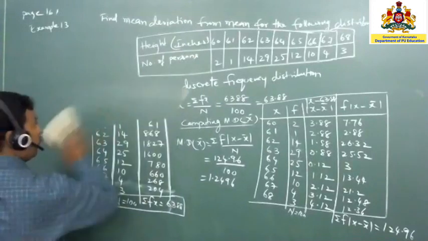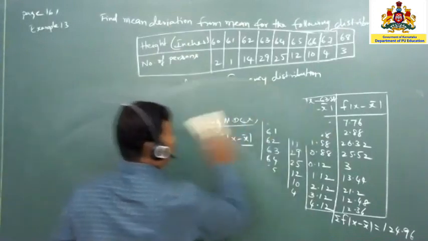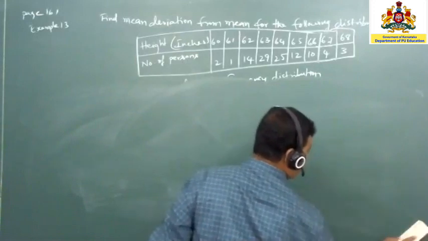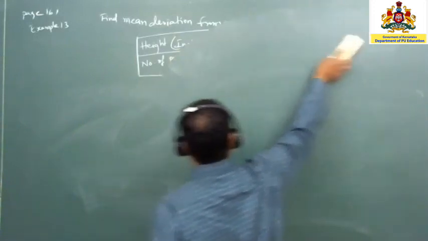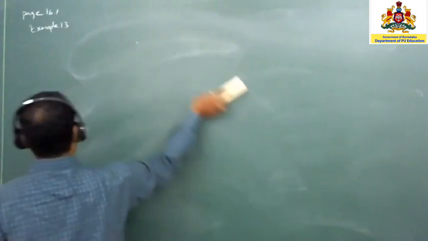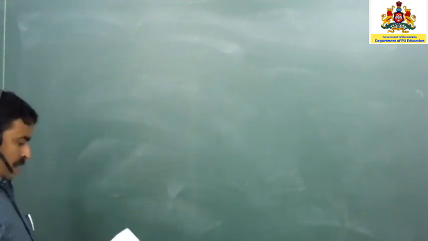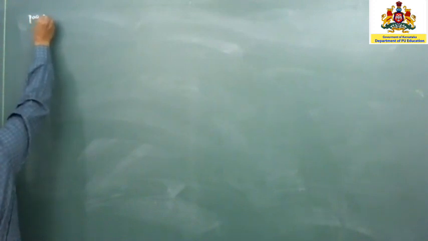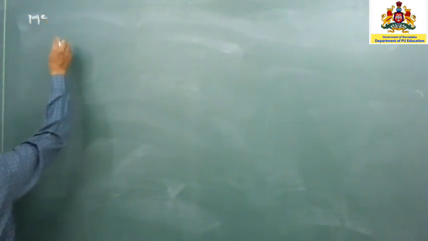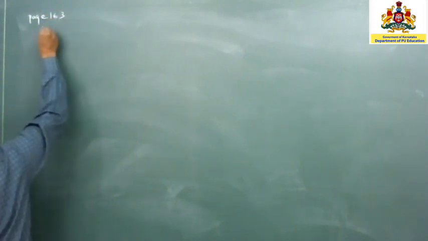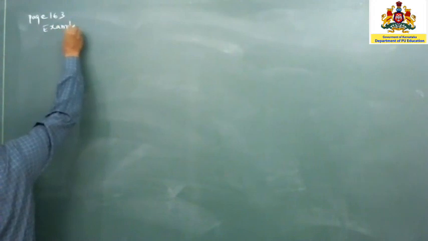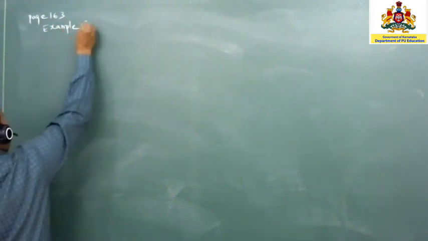For the discrete data, next sum, page number 163, Example 15.